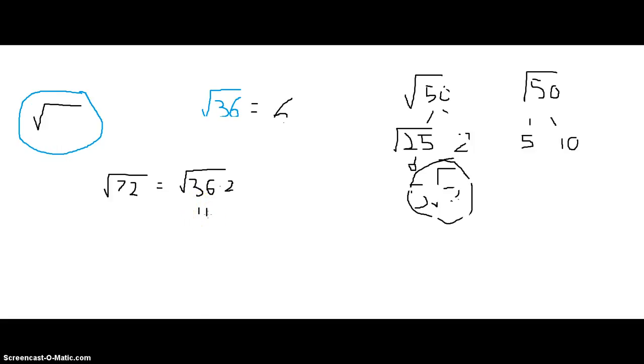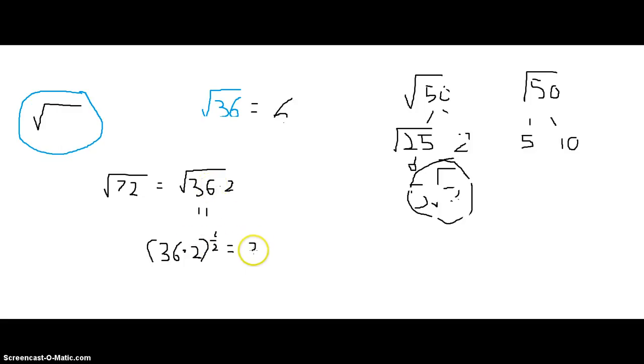But if you want to get down to it, it would equal 36 times 2 to the half power, because that technically is what the square root is, the half power. So that's if you want to get really technical with it. That's the same as raising each of the numbers to the half power and multiplying. Okay? So we understand this to this, and we understand how this equals this.